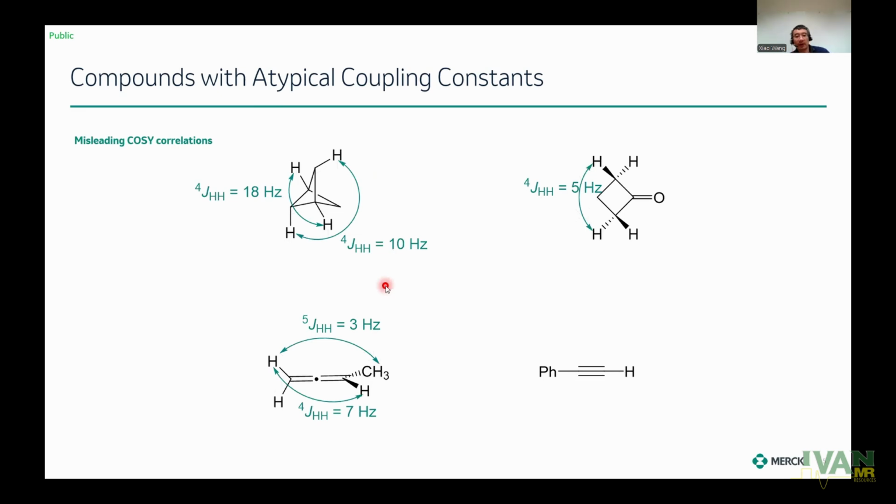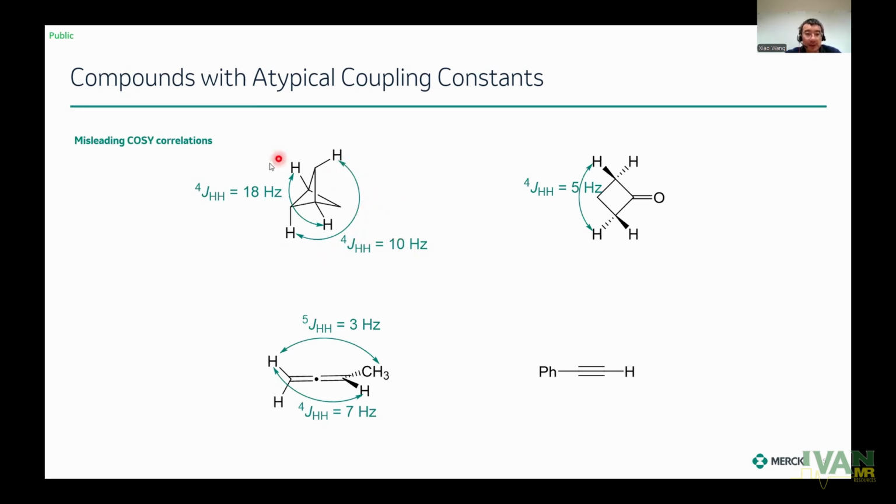If you look at the proton-proton couplings of these compounds, usually the 4-bond W-type coupling is less than 2 Hertz. But in BCP, because of the specific geometry alignment between the atoms, you can see there's an 18 Hertz 4-bond proton-proton coupling and a 10 Hertz 4-bond proton-proton coupling from the other protons.